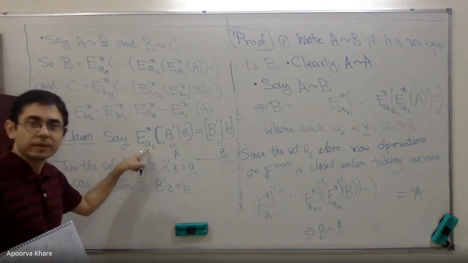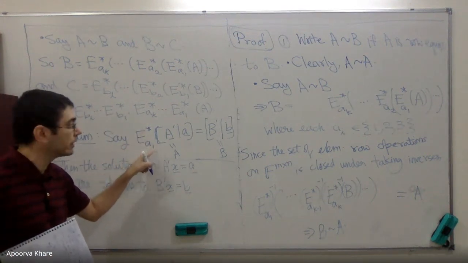The point is every elementary row operation is equal to this applied to the identity matrix multiplied by that, right?